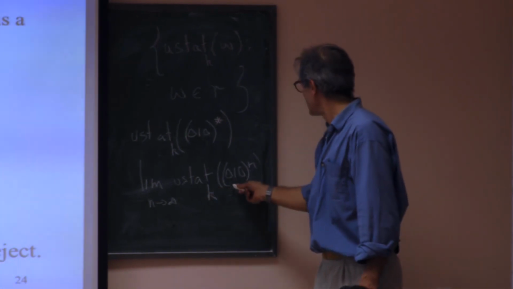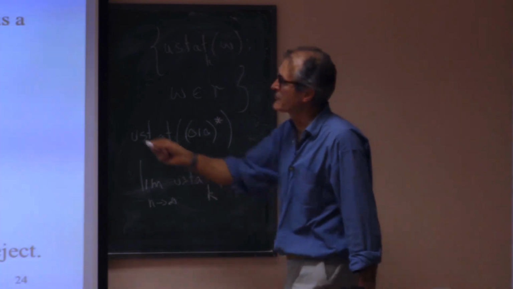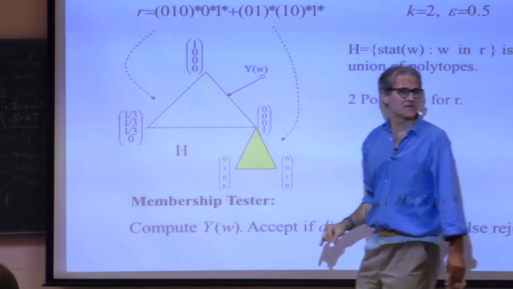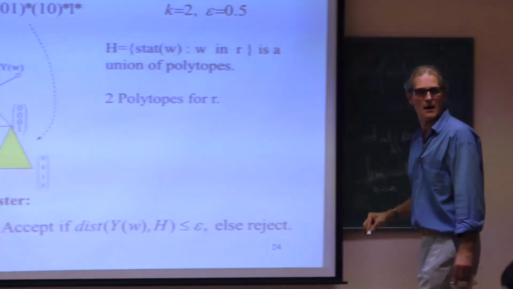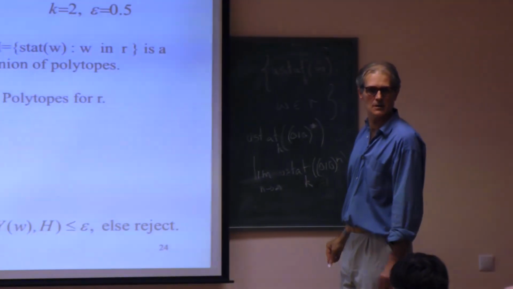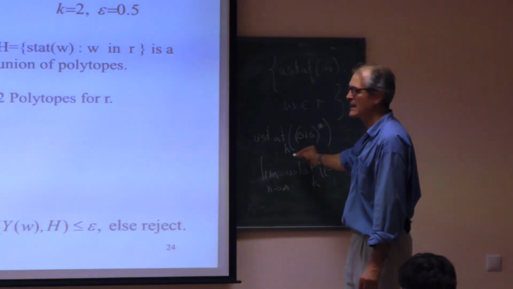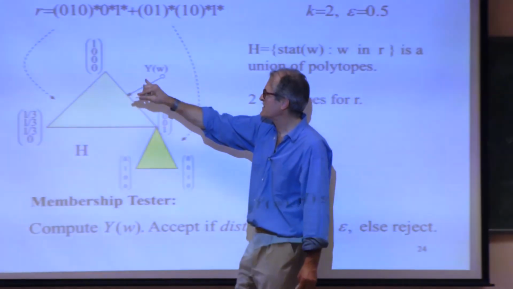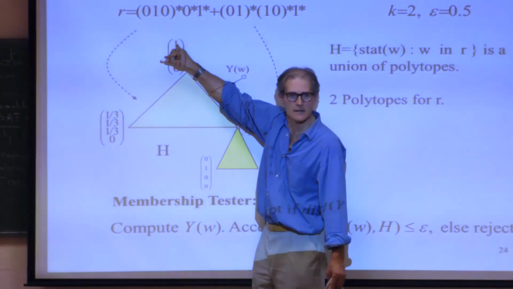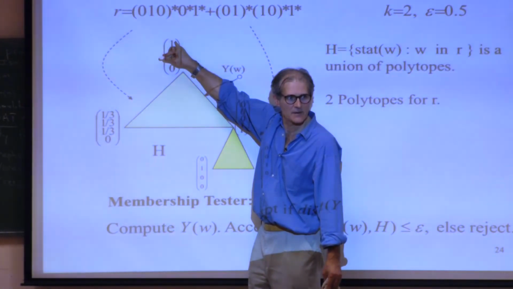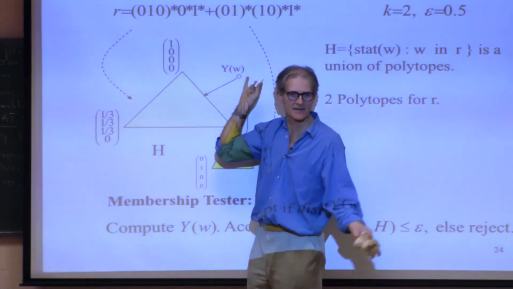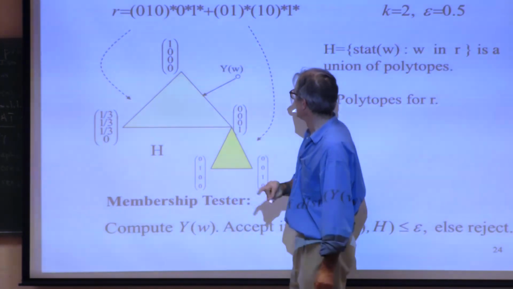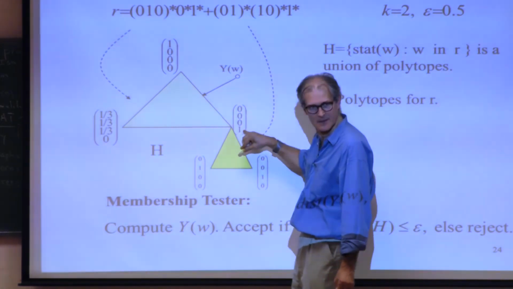Of course it's very easy to see for 0*. If you say 0*, which vector do I go to? Okay, k equals 2. You should go to this vector for 0*. You have a density of 1 on zeros, and the rest is 0. If you have 1*, you should go to this vector.